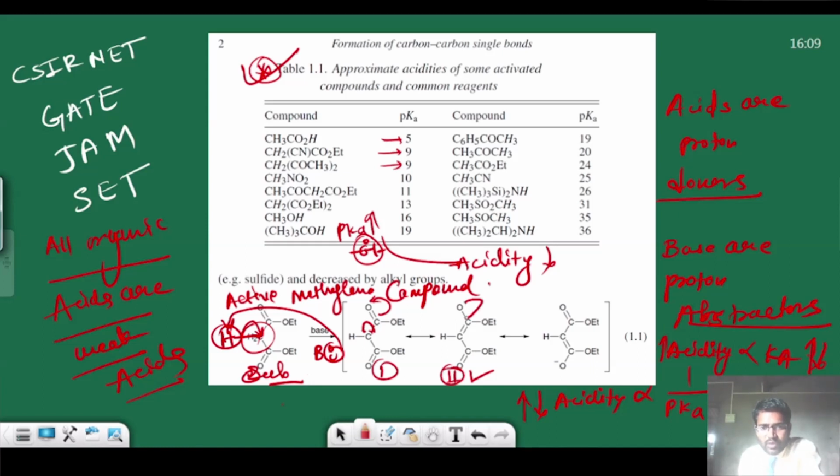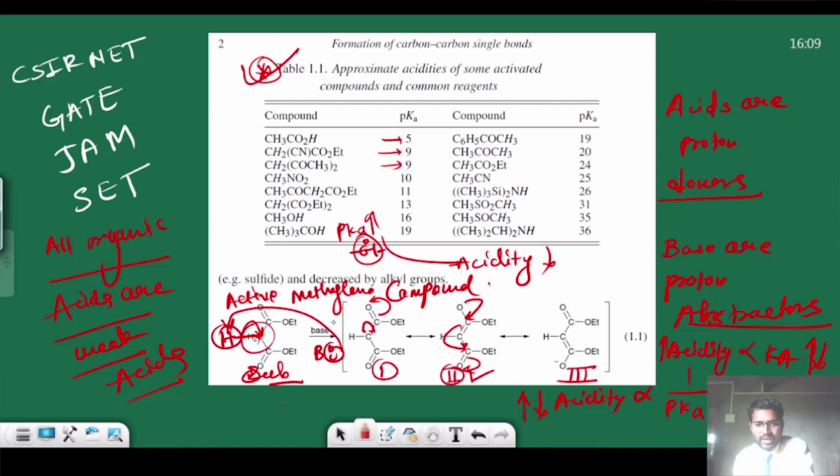If you do further conjugation like this, then a third structure generates. So this active methylene compound is very important as far as synthesis is concerned. This is nothing but the enolate anion. If you provide base to this active methylene compound, the base will abstract a proton and there is a formation of enolate anion.